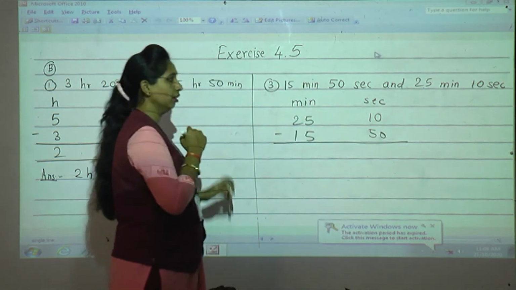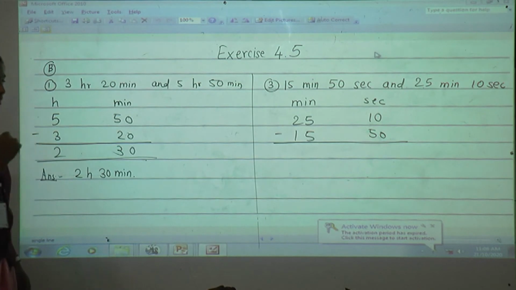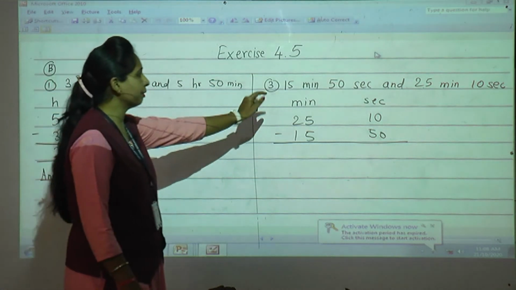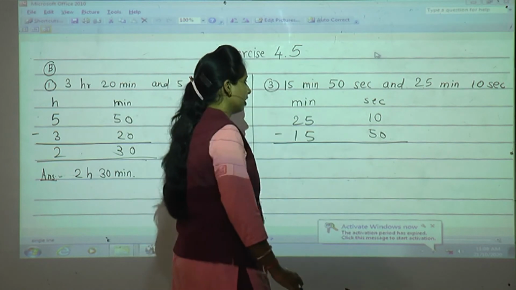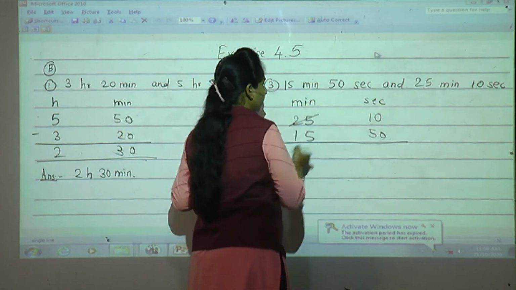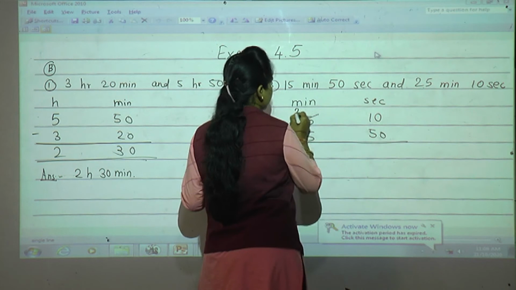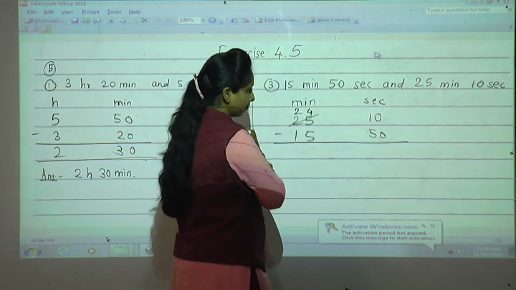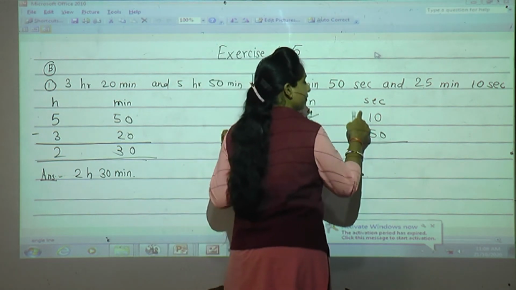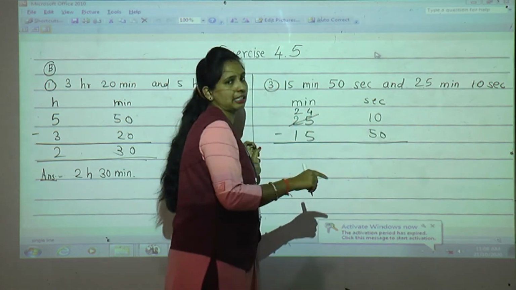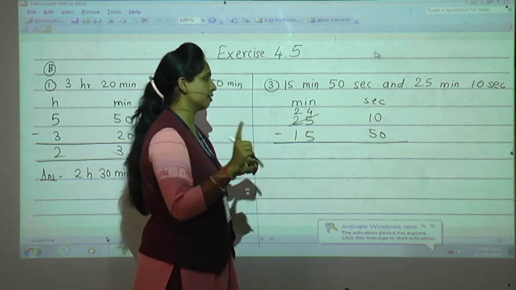Now see here, we cannot subtract 50 from 10 seconds, isn't it? So what do we have to do in this case? We have to borrow 1 minute from 25. If we borrow 1 minute, 24 will remain. When we borrow minutes for seconds, 1 minute is equal to 60 seconds.